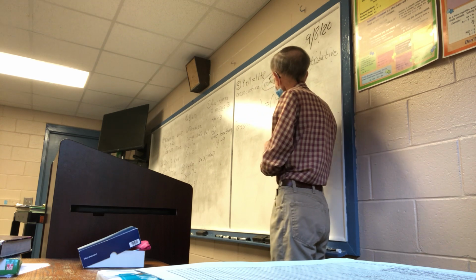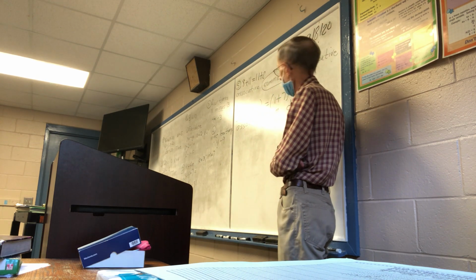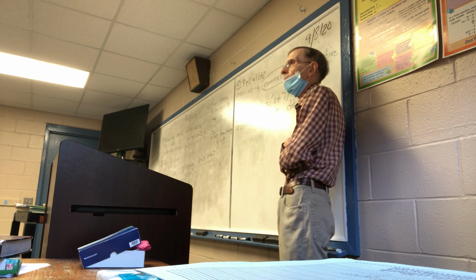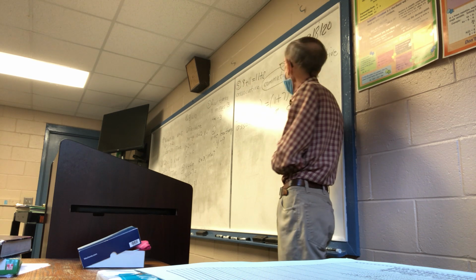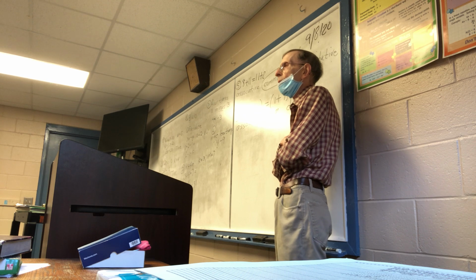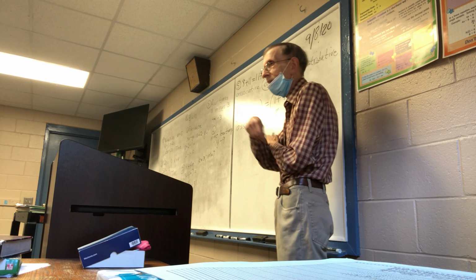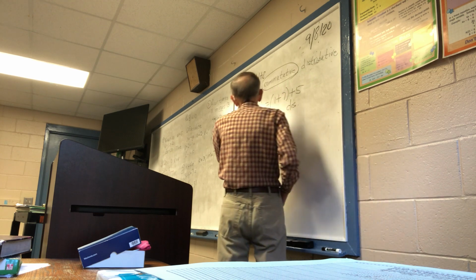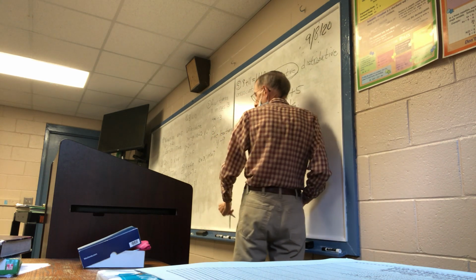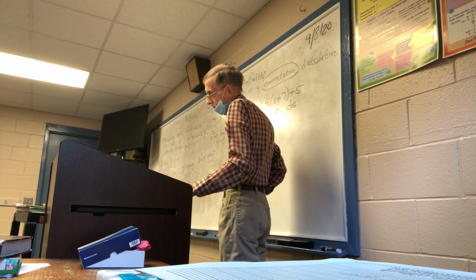So which is it? Associative, commutative, or distributive for this one? Yes, Hampton. It's got some parentheses, but it's associative, right? We're switching the parentheses on this associative for that one.